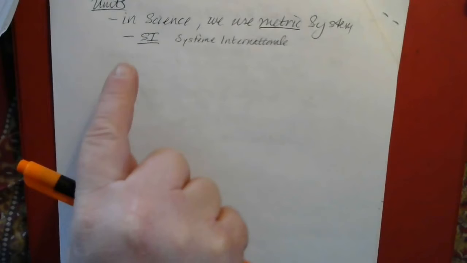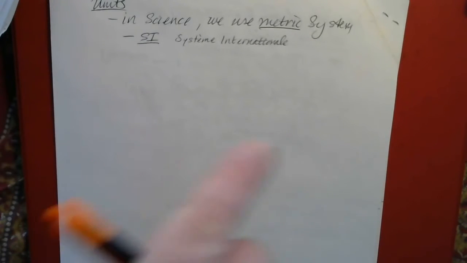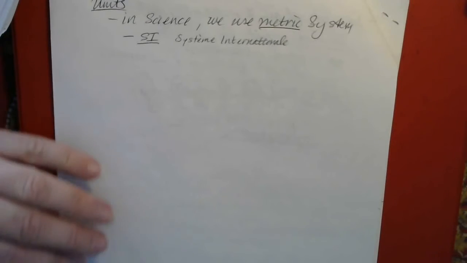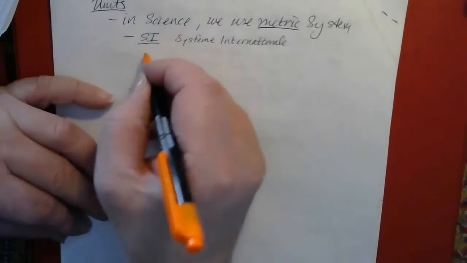There are lots of equations where if you do a measurement in the standard SI unit and put that number into an equation, you will get out another SI unit. Whereas if you just use some other unit, you'd end up with some weird quantity that wouldn't really be easy to compare to anything else.